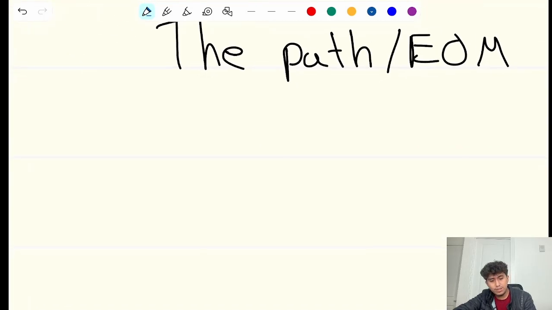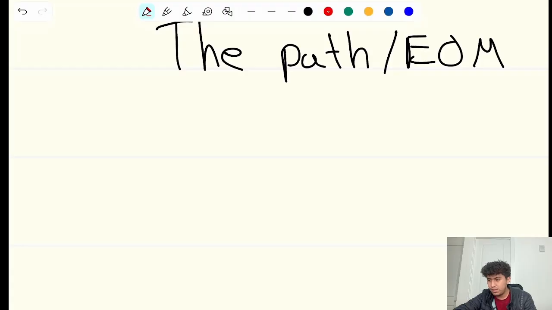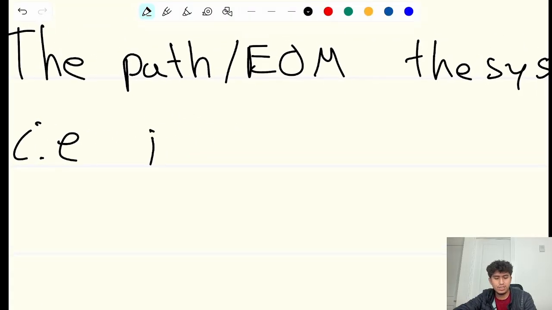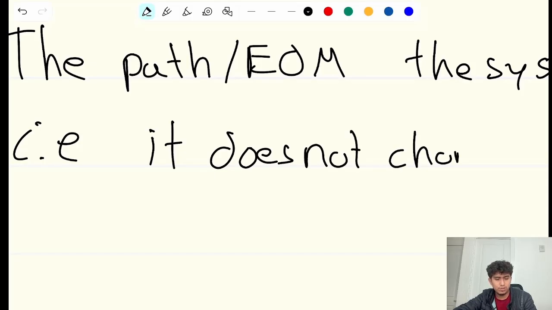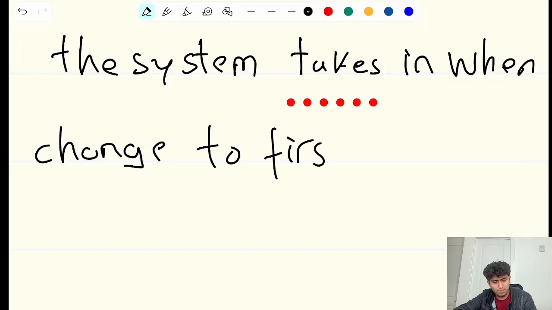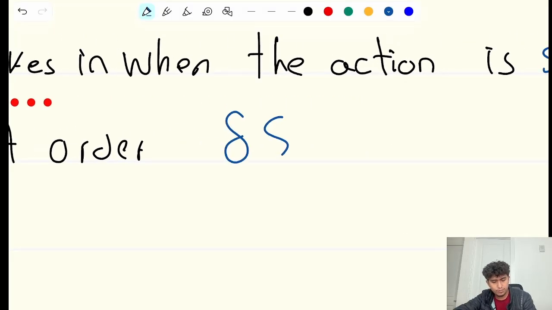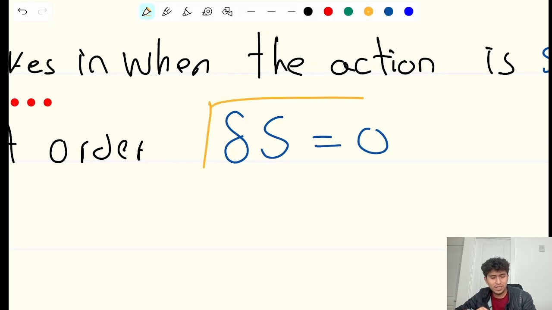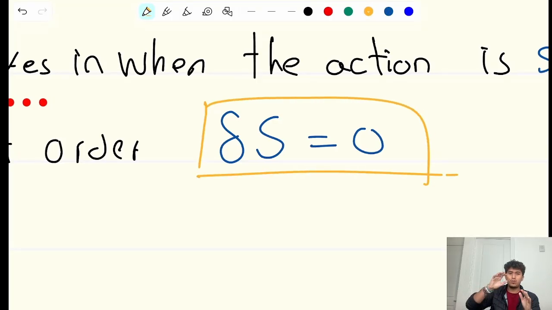By stationary, I just mean that it doesn't change, it doesn't change to first order. I'm going to give you an example so that this makes sense. So the equation that's going to describe all Lagrangian mechanics is this: the action to first order is not going to change. Equals 0.